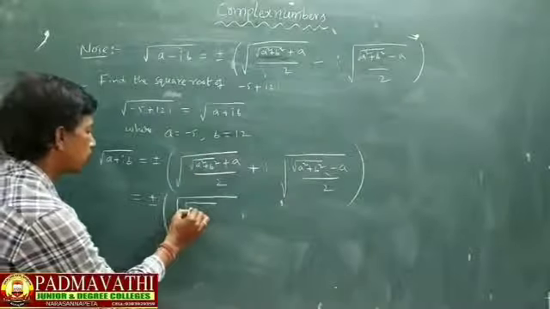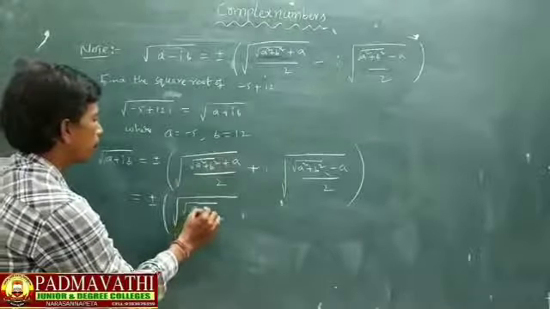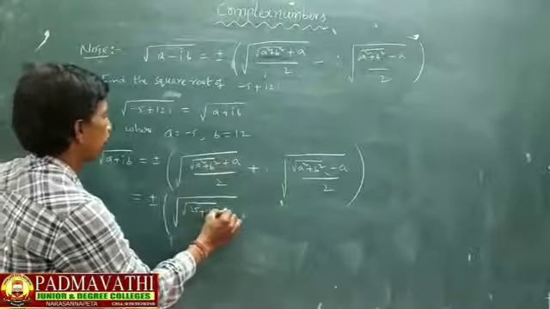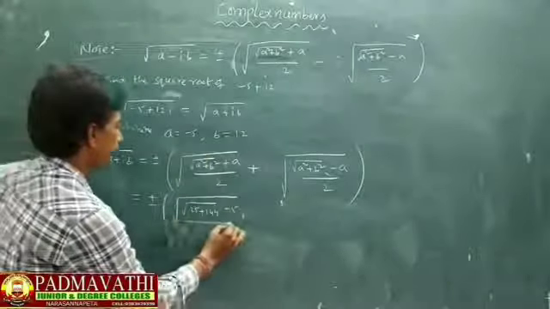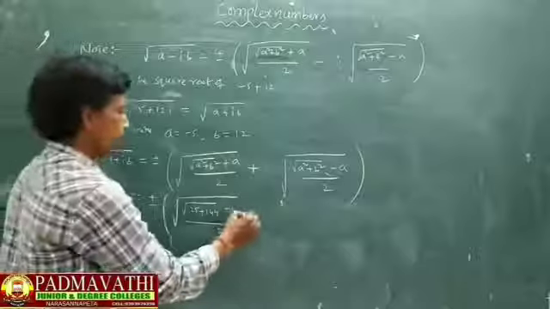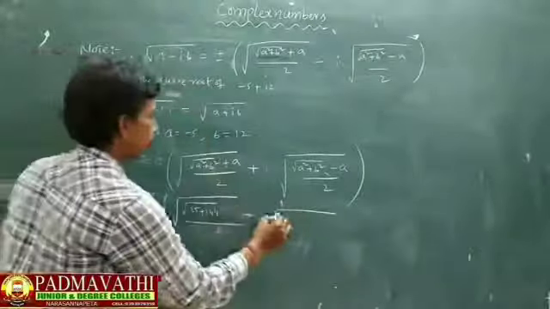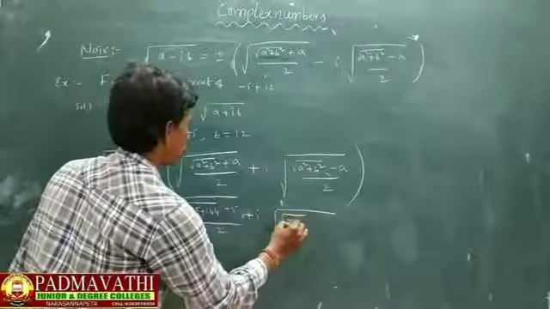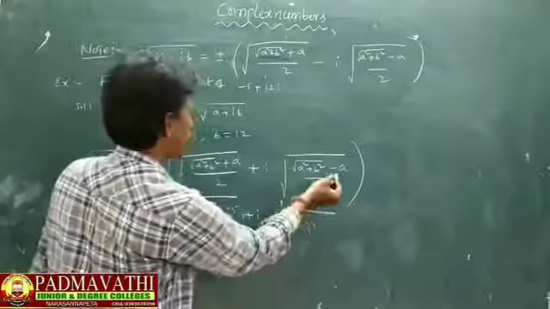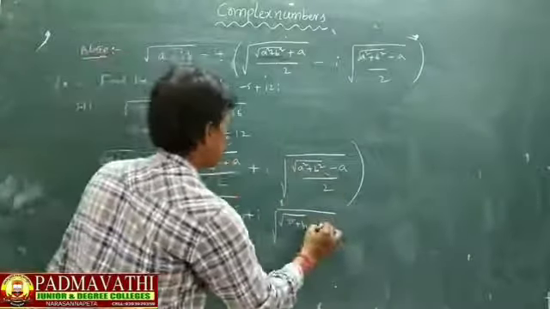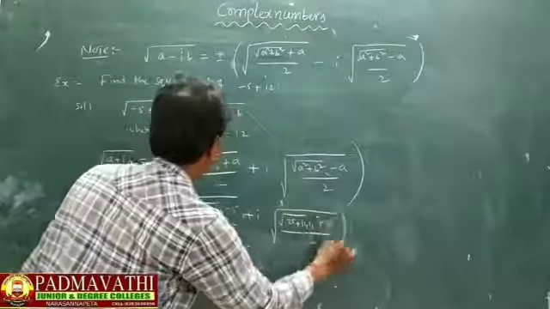Minus 5 square is 25, 12 square is 144, plus or minus... a equal to minus 5 whole by 2 plus i square root of a square root 25 plus 144, minus a plus a, whole by 2.